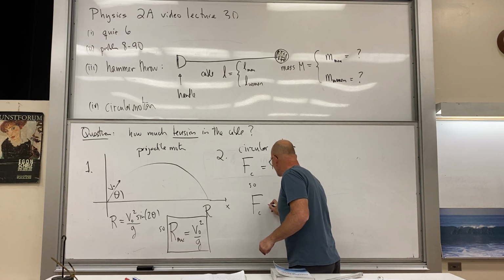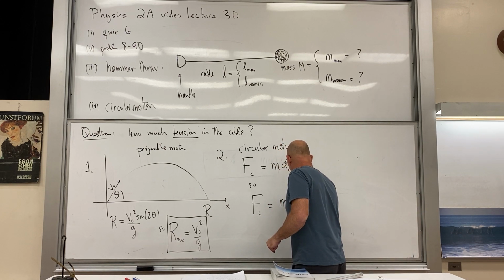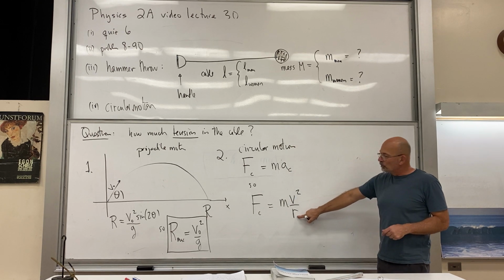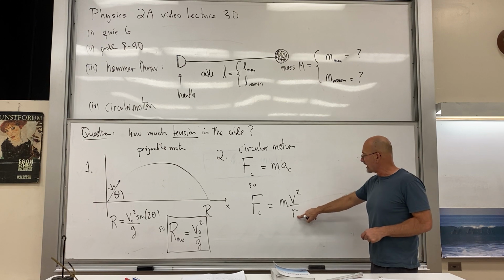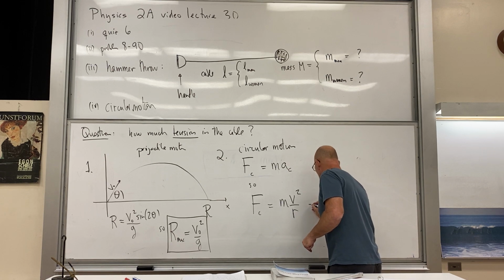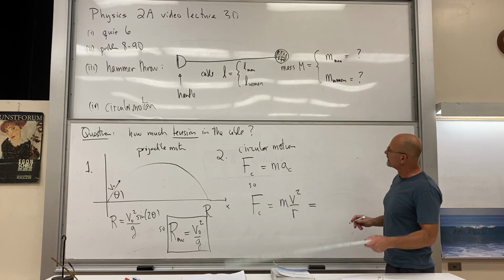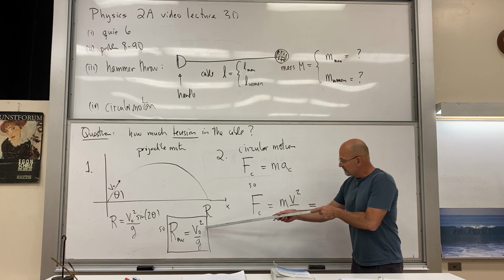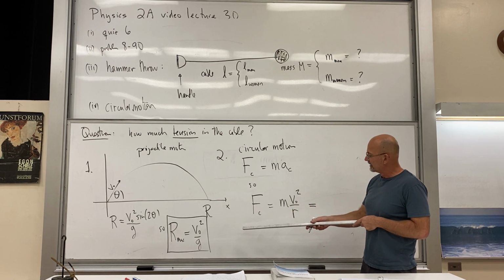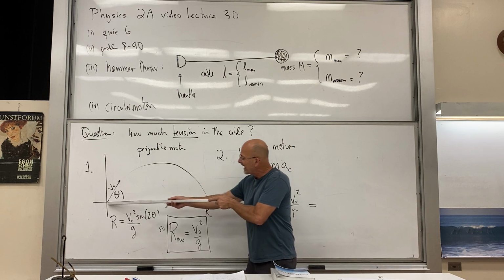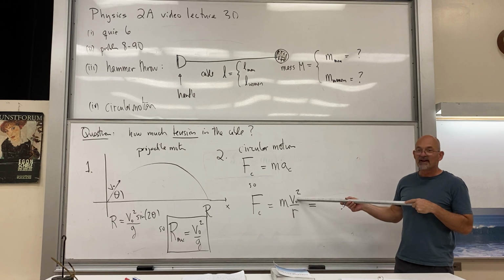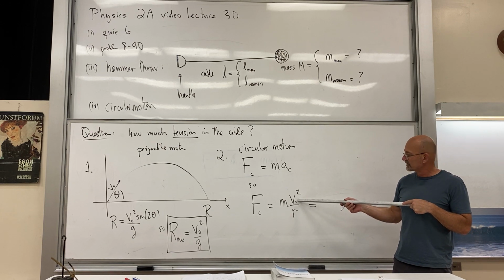F is equal to m v squared divided by r. This is the radius of motion of our hammer, that's going in a circle. And look at this, v0 squared, these are the same two speeds. This is the speed this thing had as it was launched, and here it's the speed as it's being released from your hand. Okay?